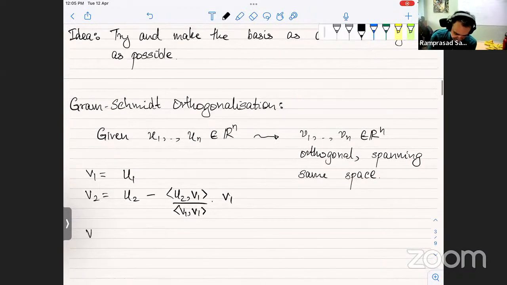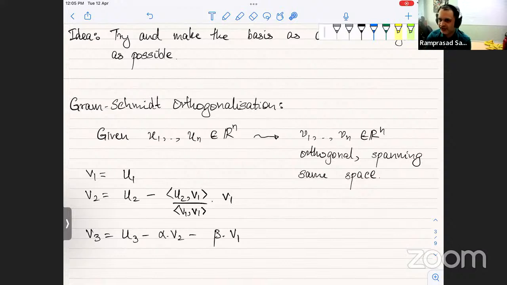Okay, so now what do we do for V3? Again, I want to write this as U3 minus some alpha times V2 minus beta times V1, so that I still end up spanning U1, U2, U3. I just need to set up what alpha and beta must be to make sure that V3's dot product with V2 is 0 and V3's dot product with V1 is 0. I trust that you would have tried this out during the morning quiz.